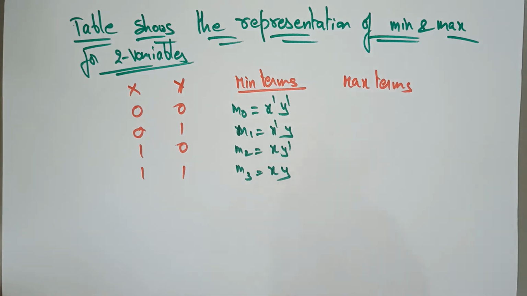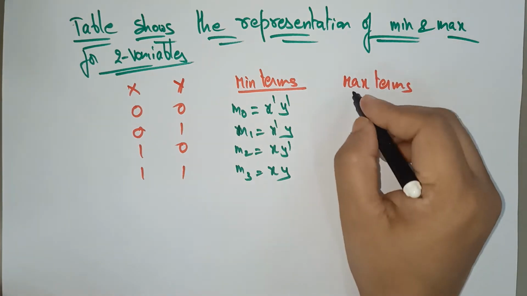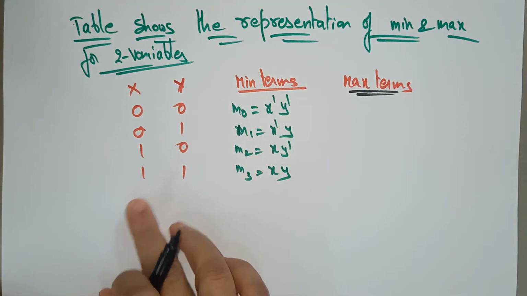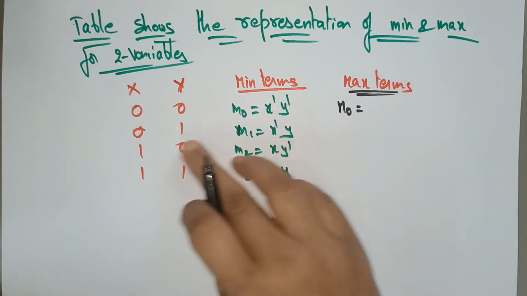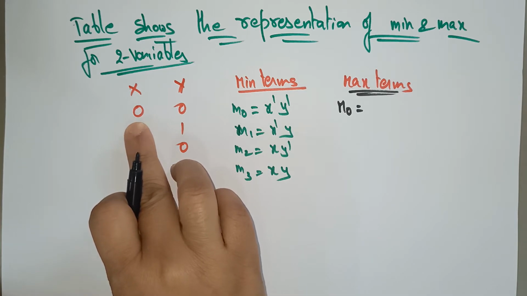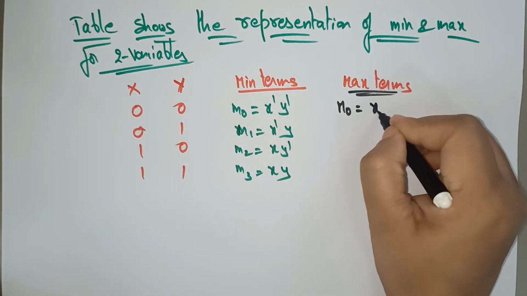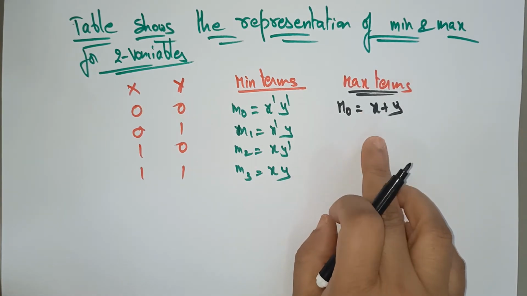So a min term is a product term. That's why I have taken it as a product operation. Now coming to the max terms. How do we represent these two variables in the max terms? Take capital M. If the variable has the value 0, it is uncomplemented: x plus y. Max terms are nothing but sum terms.